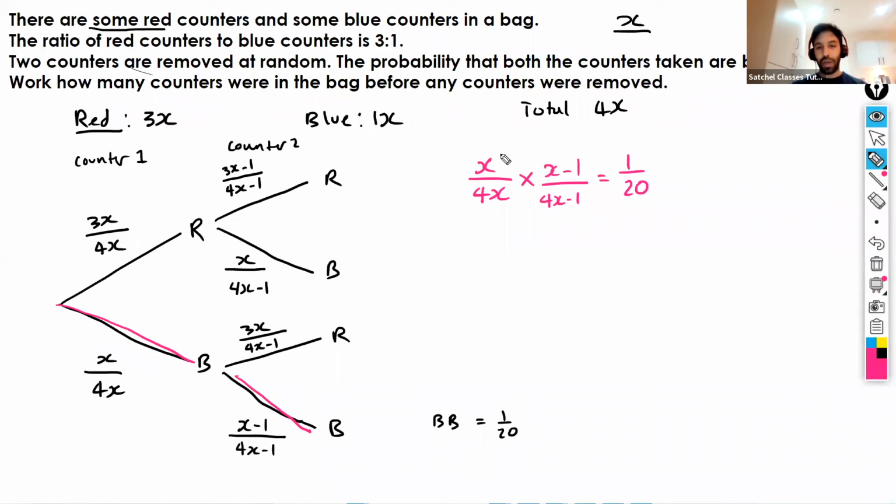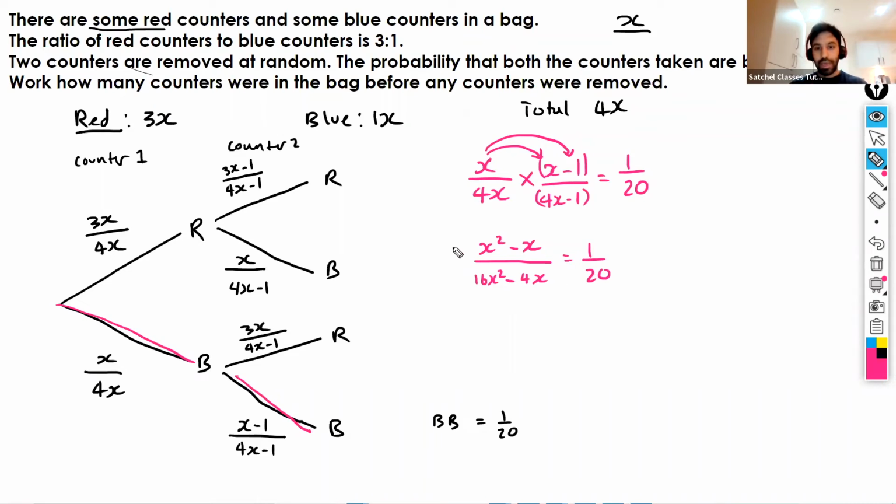So if I start multiplying the numerators, x multiplied by x is x squared, and x multiplied by minus 1 is minus x, over 4x multiplied by 4x is 16x squared, and 4x minus 1 is going to be minus 4x, and that is equal to 1 over 20. Now, to get rid of the denominators, I can cross multiply.